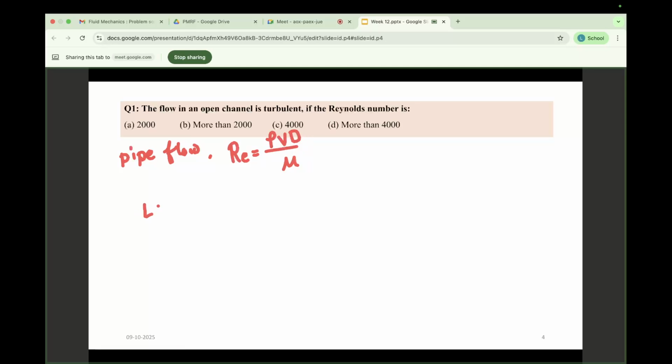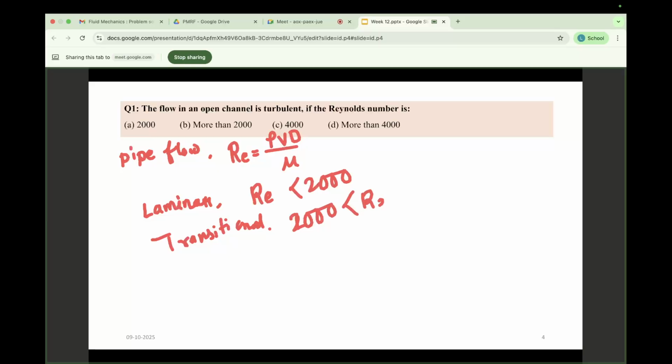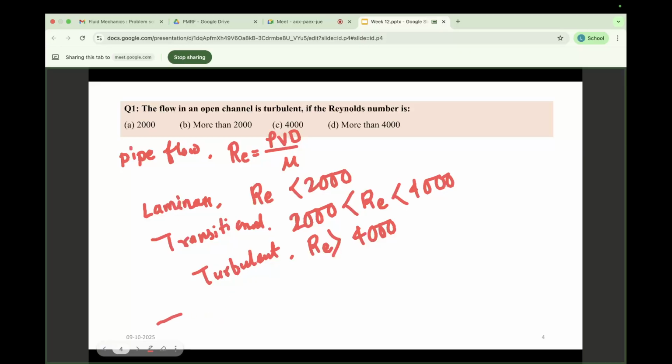If it is flow through a pipe, it is laminar when the Reynolds number is less than 2000, transitional when the Reynolds number is between 2000 and 4000, and turbulent if it is greater than 4000. That is for pipe flow.